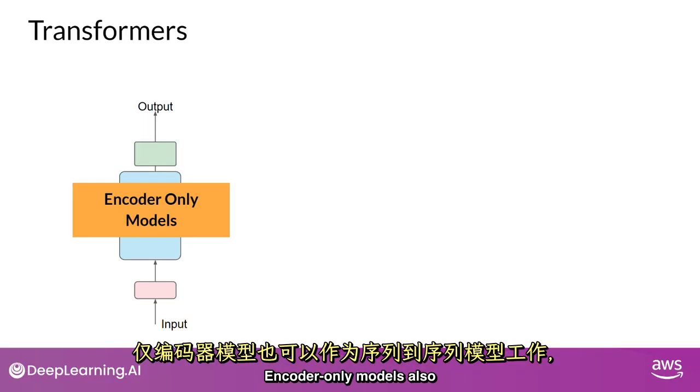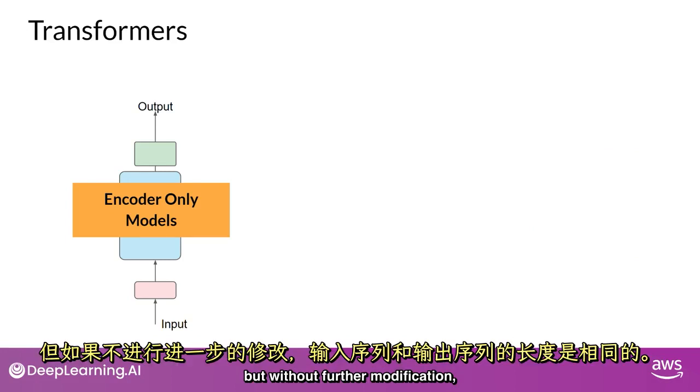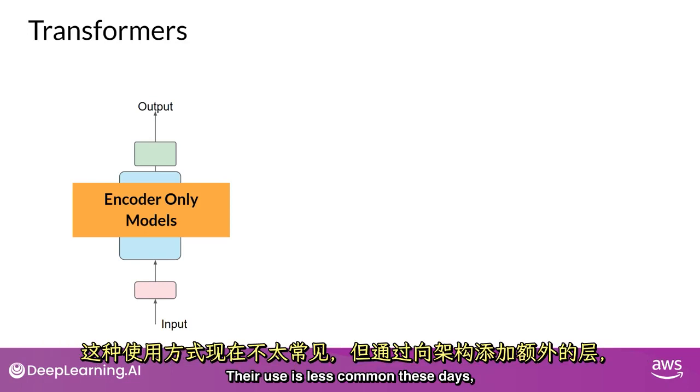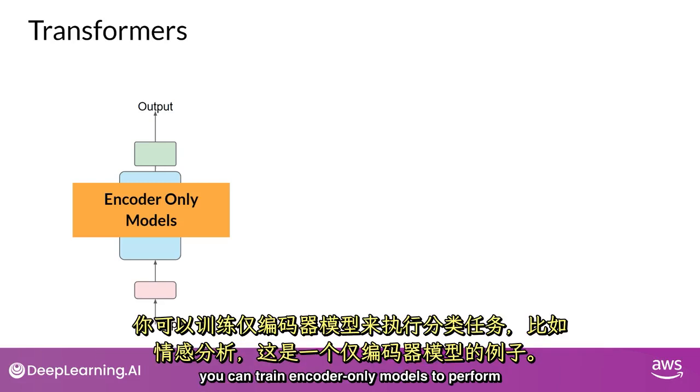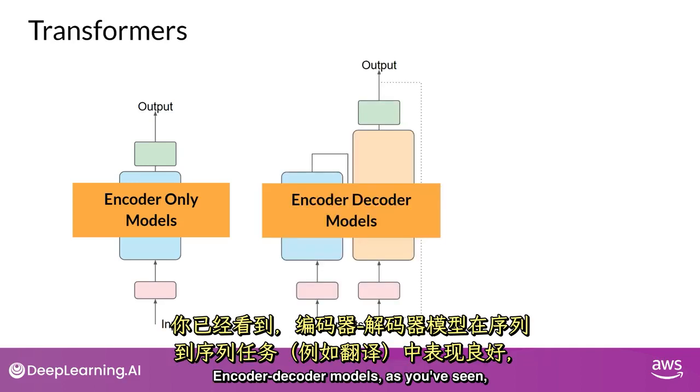Encoder-only models also work as sequence-to-sequence models, but without further modification, the input sequence and the output sequence are the same length. Their use is less common these days, but by adding additional layers to the architecture, you can train encoder-only models to perform classification tasks, such as sentiment analysis. BERT is an example of an encoder-only model.